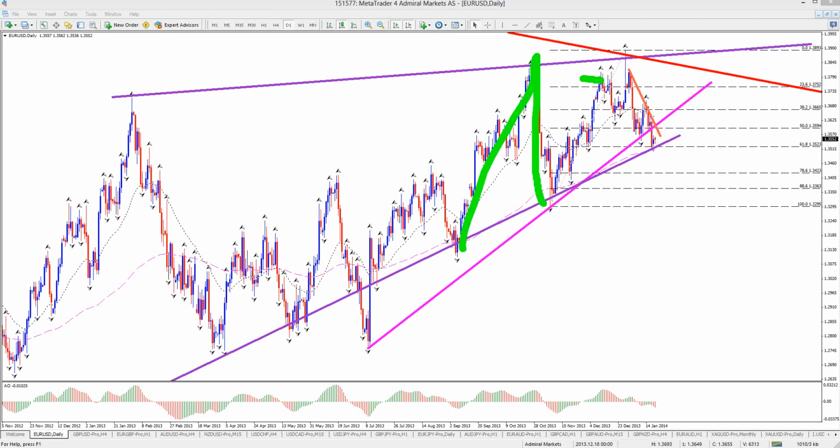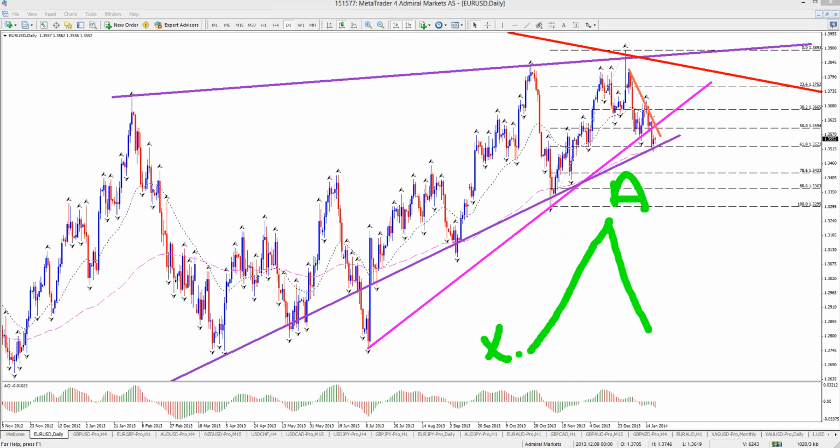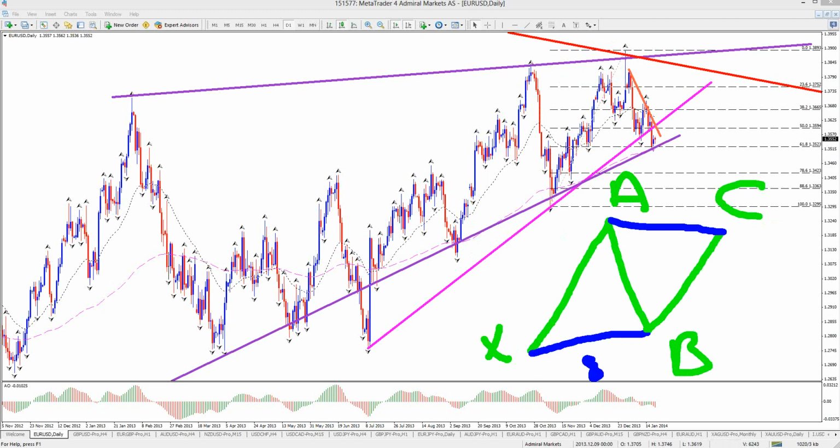We don't have one here. 88.6 would have to stop here, for example, but we don't have it at the moment. Let me just draw a theoretical one. Up, down. This is the 88.6 right here. Up for C. That's the 88.6 of A. Right, so those blues are 88.6s. That's a deep crab example.